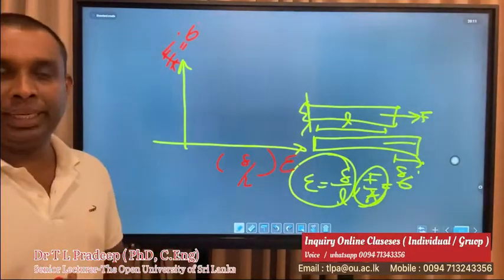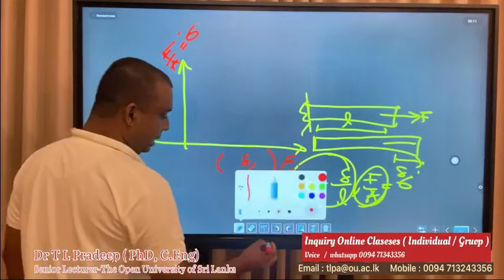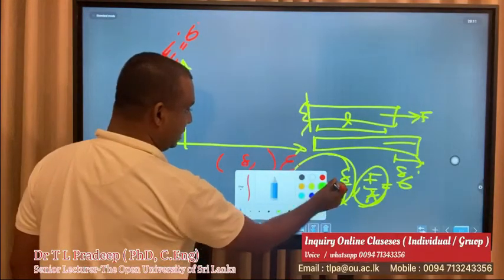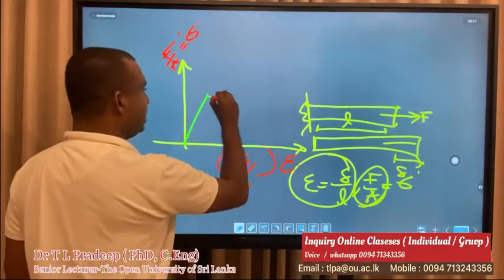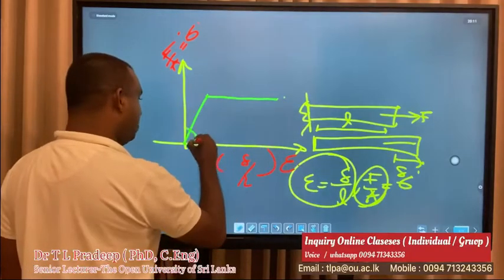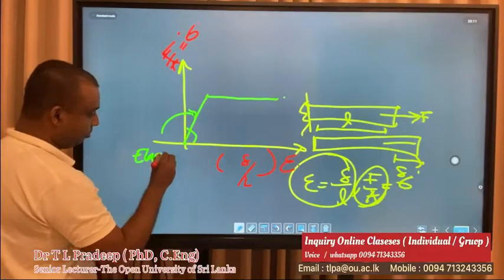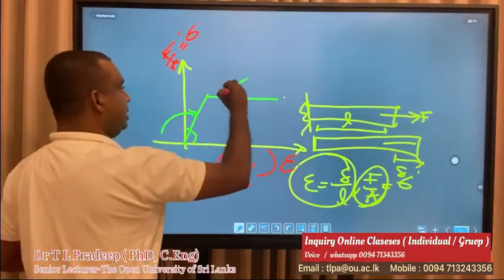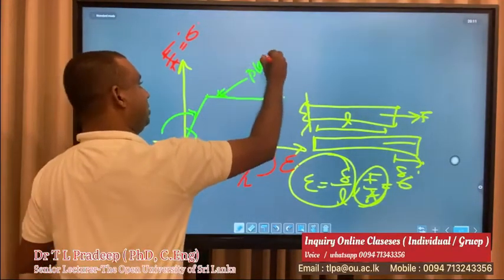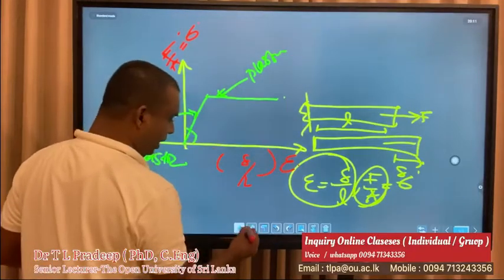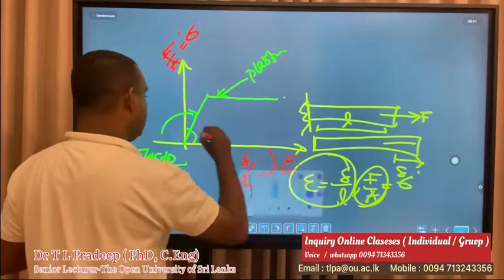Let's see a few materials. One is steel, which we can assume like this. So the initial part we call elastic behavior. This is plastic behavior. Let's say the concrete, confined concrete. So it's like this.